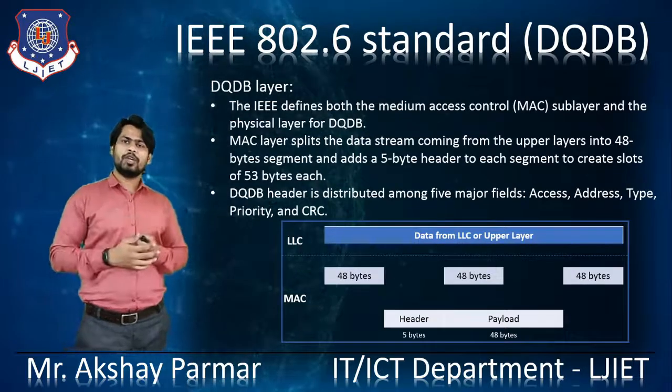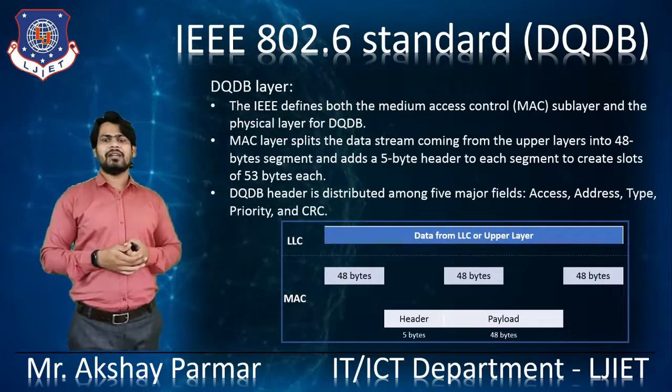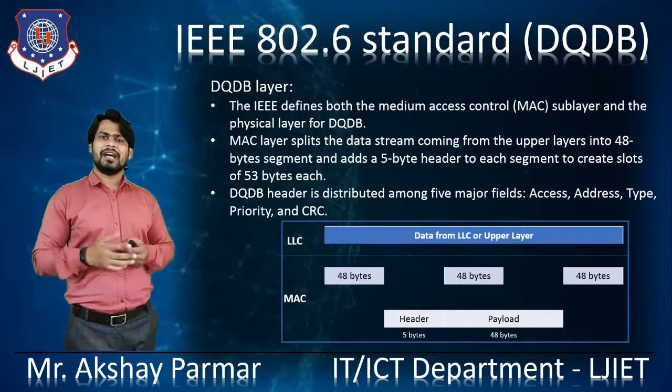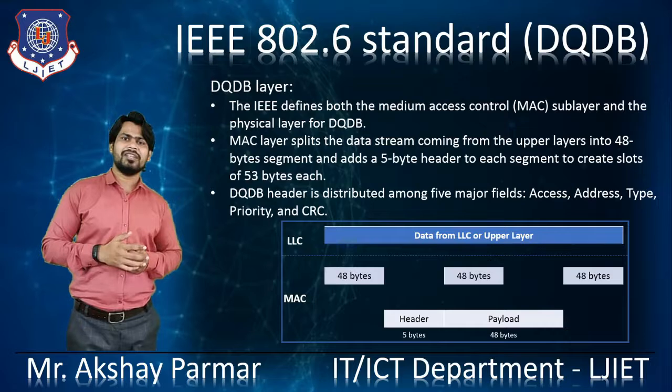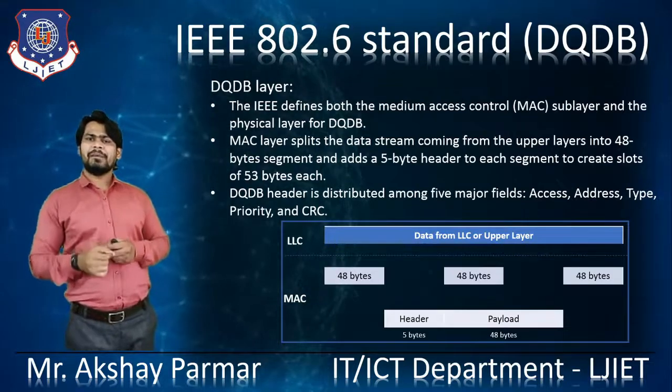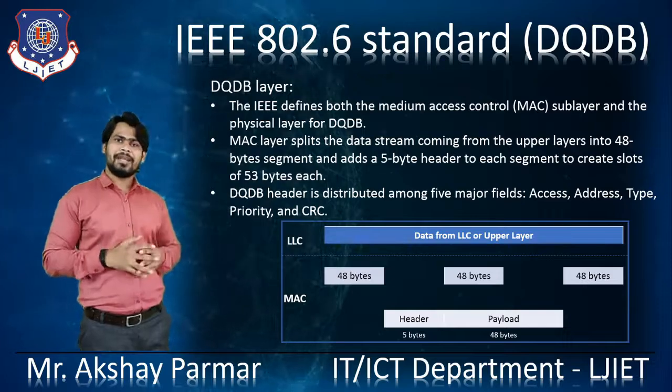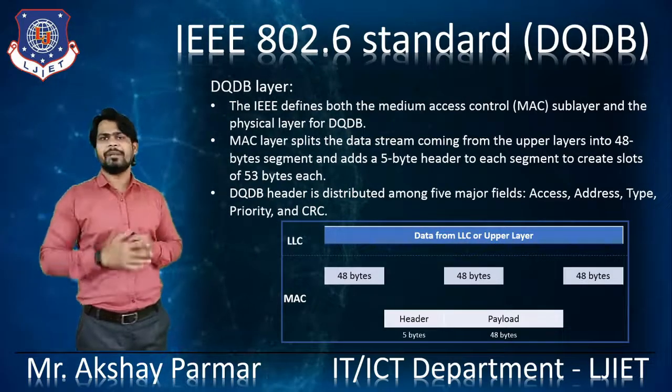In the DQDB layers, there are mainly two layers: LLC and MAC. Right? The data comes from the LLC or the other layer. The IEEE defines both the medium access control (MAC) sublayer and the physical layer of the DQDB.